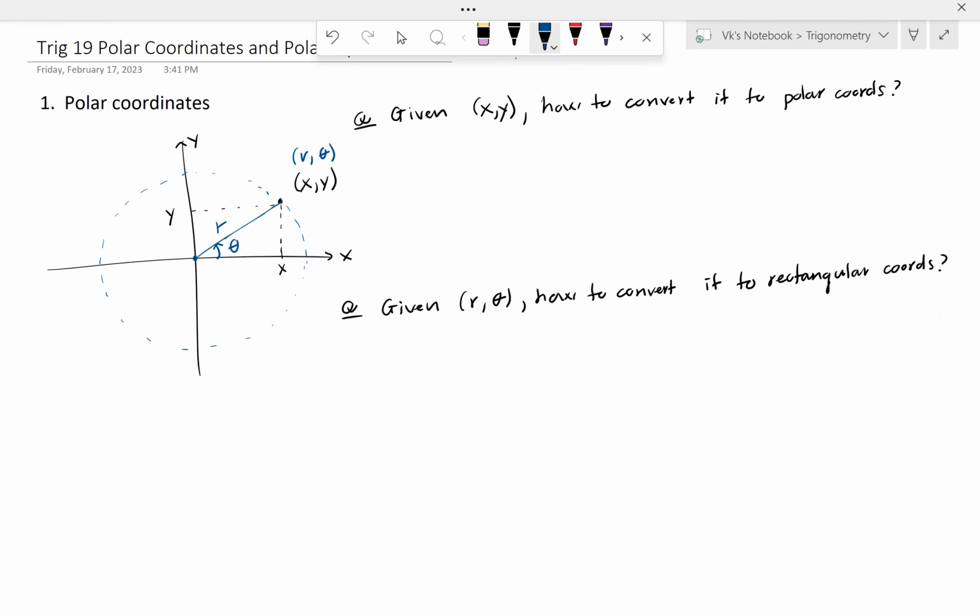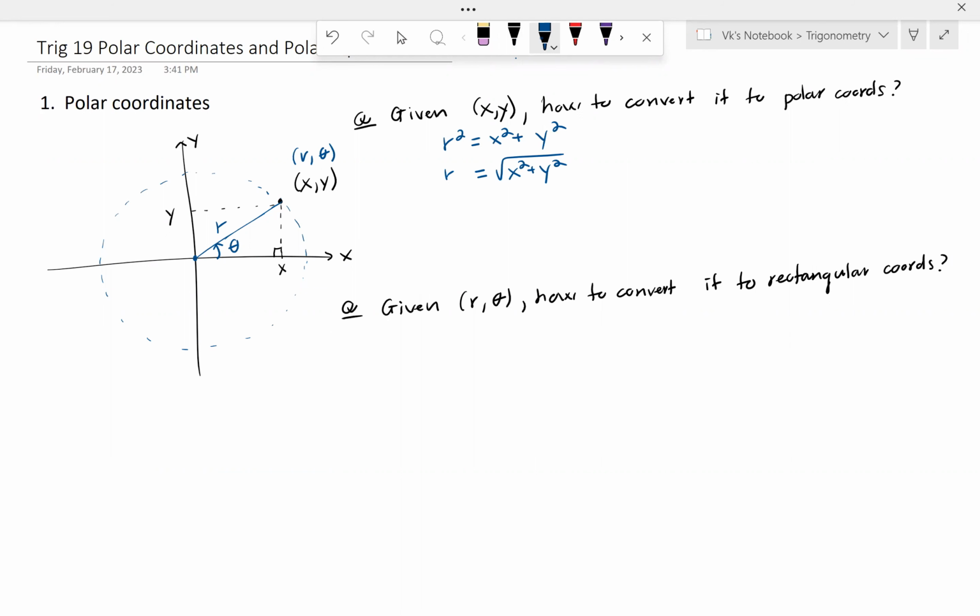So given the point (X, Y), how do we convert it to polar coordinates? Well, notice that there's a right triangle right here. So R squared is X squared plus Y squared. That tells us that R is the square root of X squared plus Y squared.